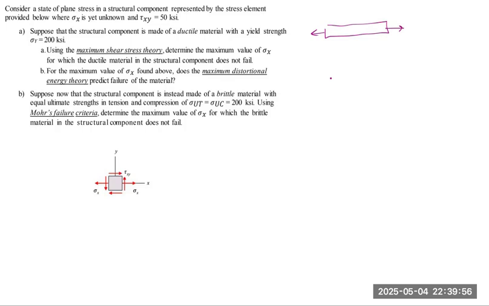So the maximum shear stress theory shows that ductile materials are more likely to fail from shear than from a kind of distortion. First, we are going to draw the very useful graph that we can use to predict failure for the maximum shear stress theory and maximum distortional energy theory.